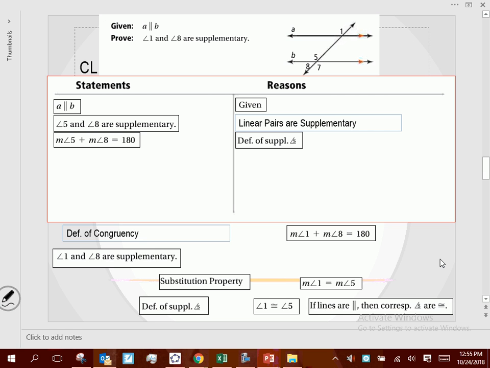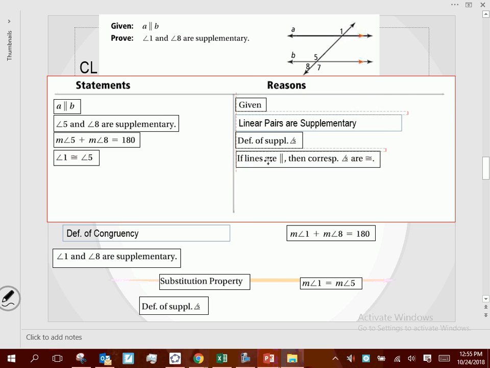Yeah, angle 1, same side, right? 1 and 5, what kind of angles are 1 and 5? Corresponding. Okay, so we can use that. Right now, after today, we can use any of those 4 properties: corresponding, alternate interior, alternate exterior, same side interior. Any of the relations that exist with those, we can use as we see fit.